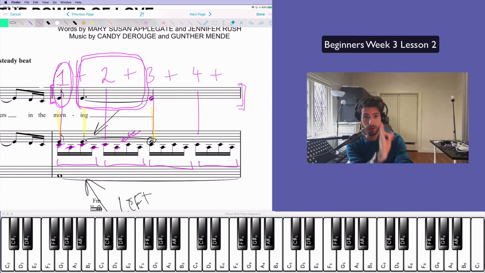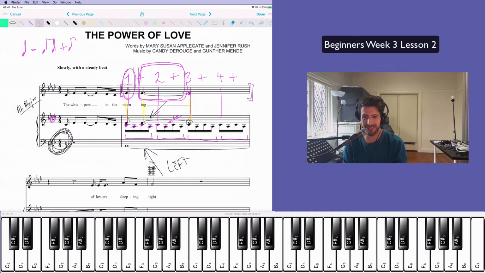Yeah, which is 1 and 2 and. But it is 1 and a dotted note. Very simple rhythm, but you can actually glean a lot from it.